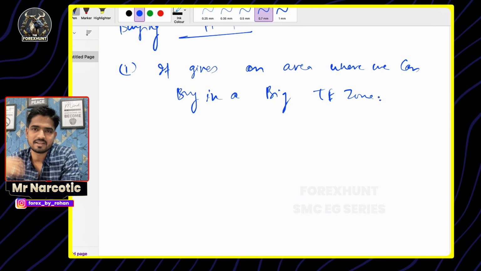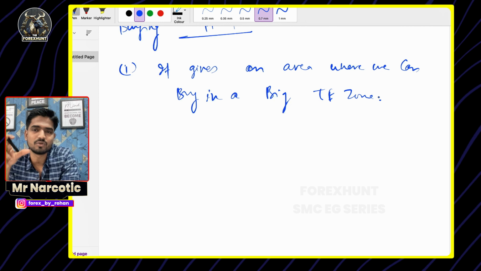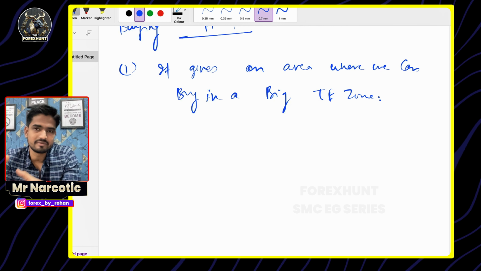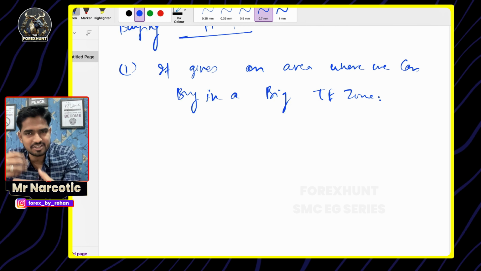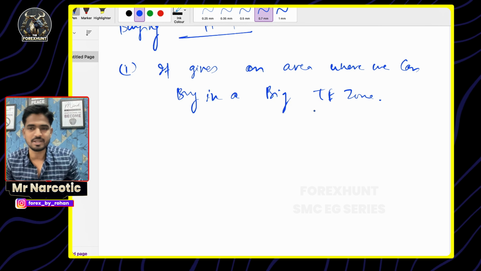Let's suppose there is an H4 engulfing buy zone, and from which area in the H4 engulfing buy zone we will look for buys. That is covered in these confirmations. We need some other additional information as well, but in this video we are only talking about the marking of ABC, the magic of ABC.